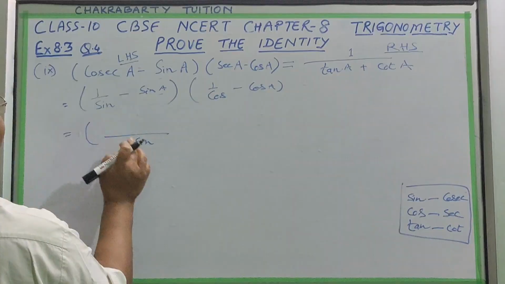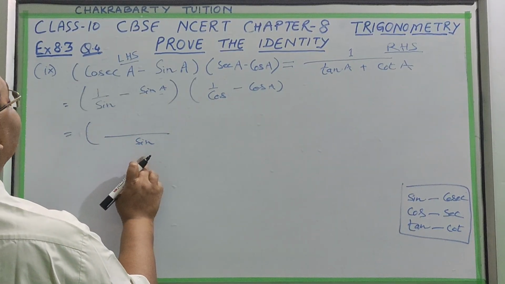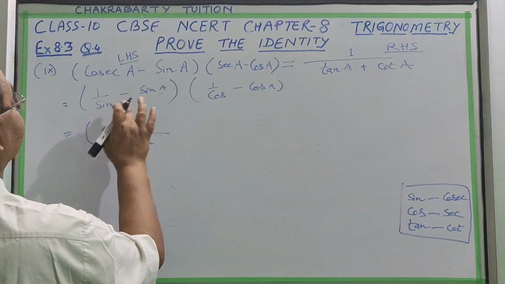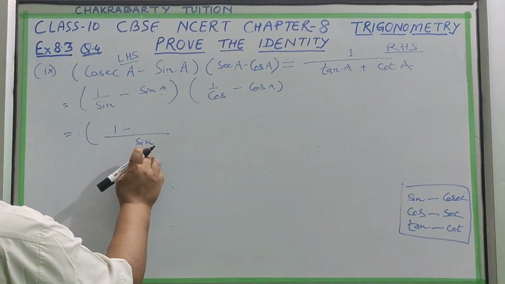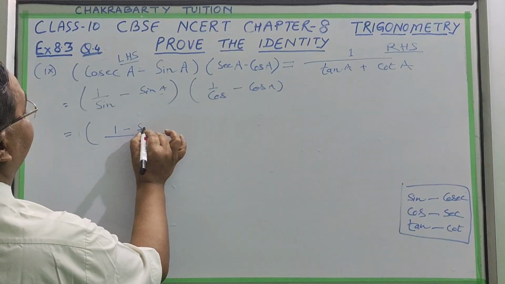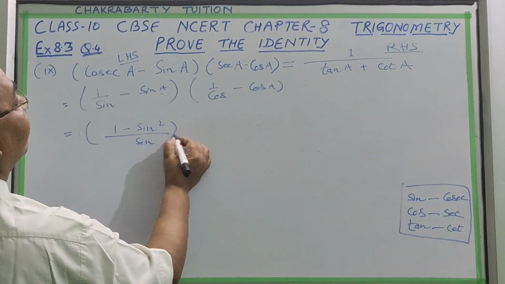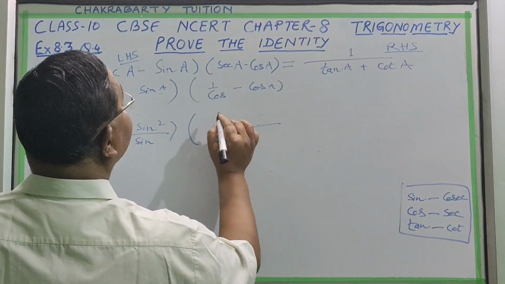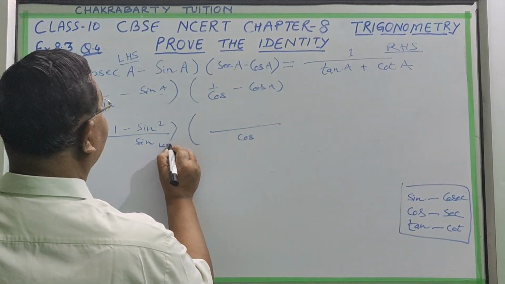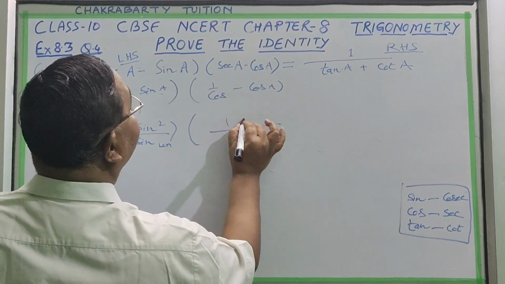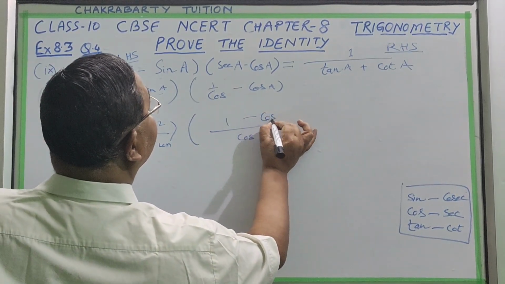So sine will divide it, and it will become 1 again, minus. Now here nothing is there, so sine will come. Sine and sine will become sine square. Okay. Similarly here cos is your LCM. So 1 will remain, and here it will become cos square. Okay.